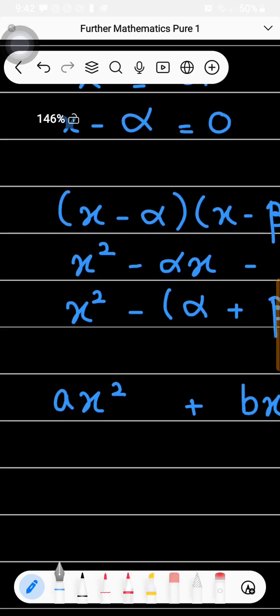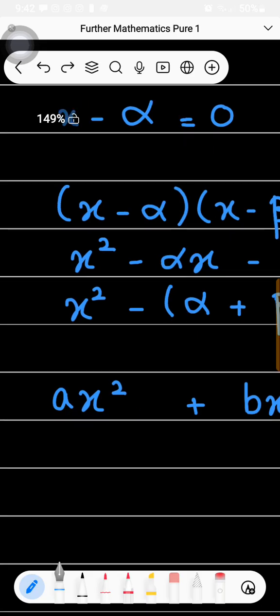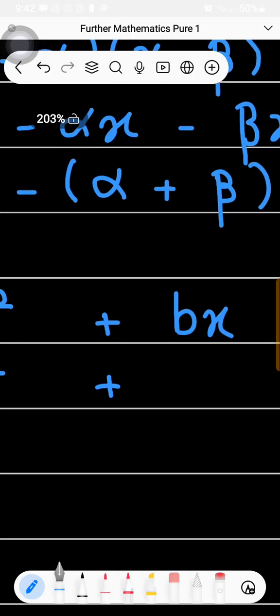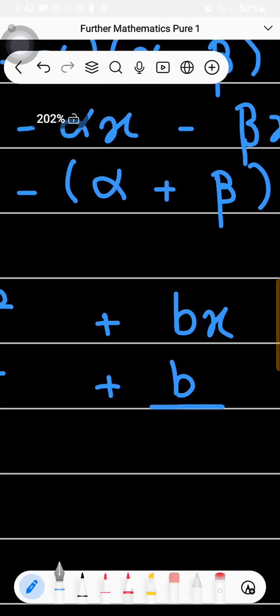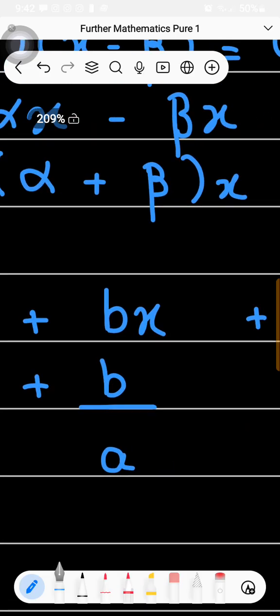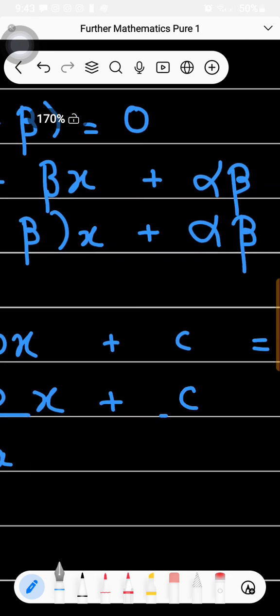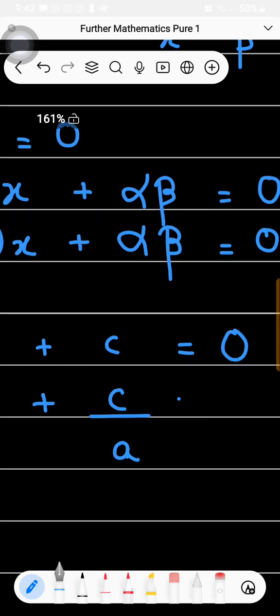Here we notice there is a 1, so we can also turn it into 1. How? Divide the complete equation by a: x square plus b upon a x plus c upon a equal to 0.